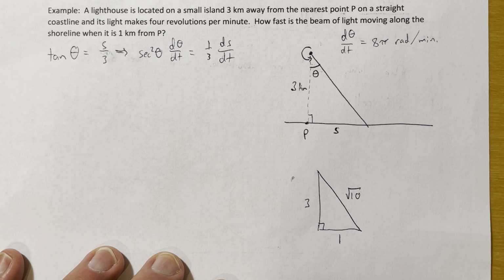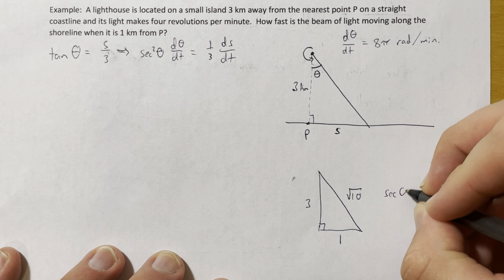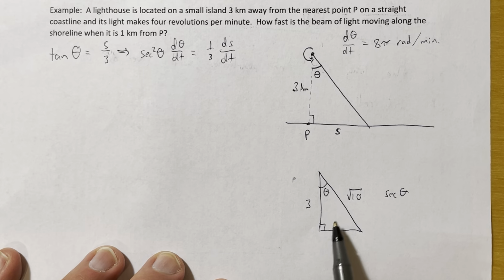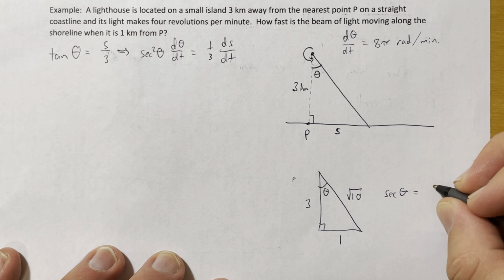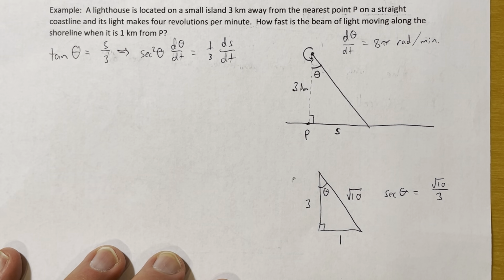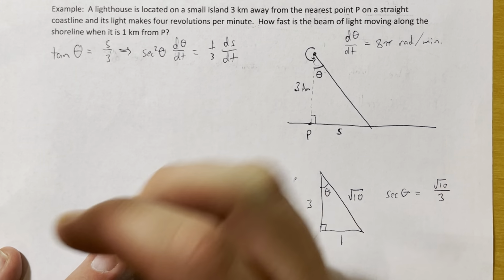That's straightforward to deal with. So now with this, I know that secant of theta, and remember theta is up here, would be hypotenuse over adjacent. That's root 10 over 3. So now we can plug that in for the secant of theta up here.